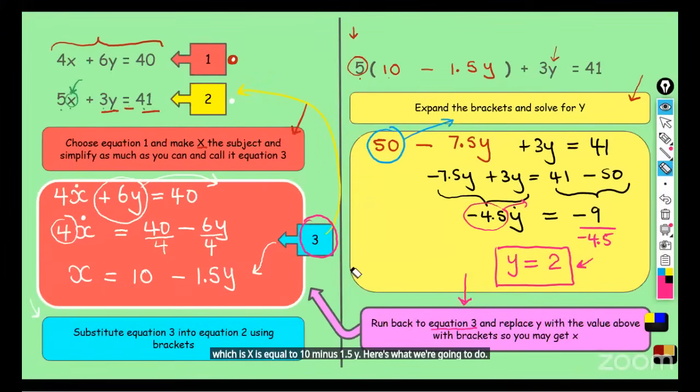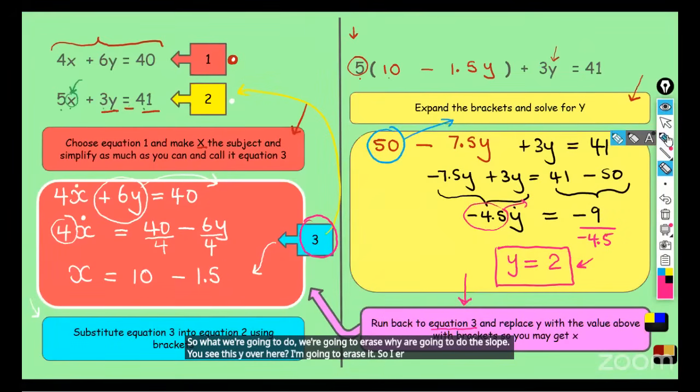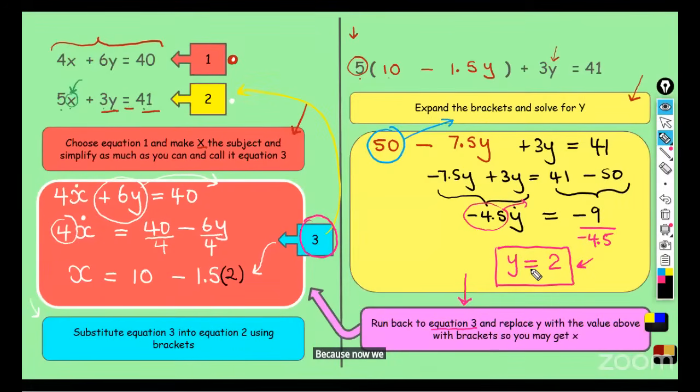Remember, we just found y is equal to 2. So we're going to erase y. I'm going to do this slowly. You see this y over here? I'm going to erase it. And what am I going to put in its place? In brackets, I'm going to put 2, because now we know y is equal to 2.